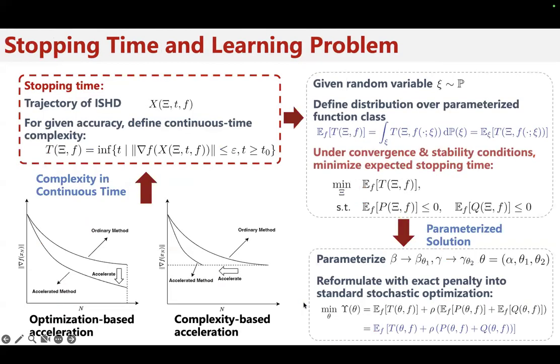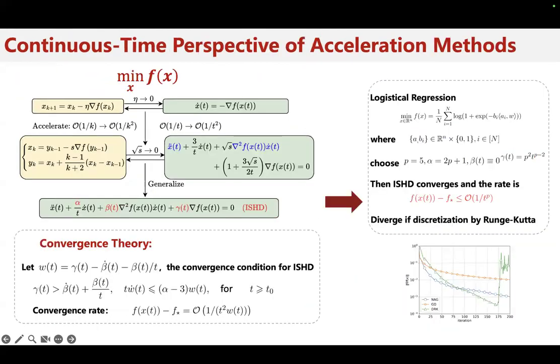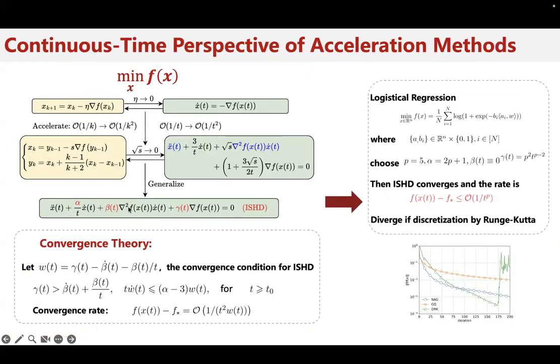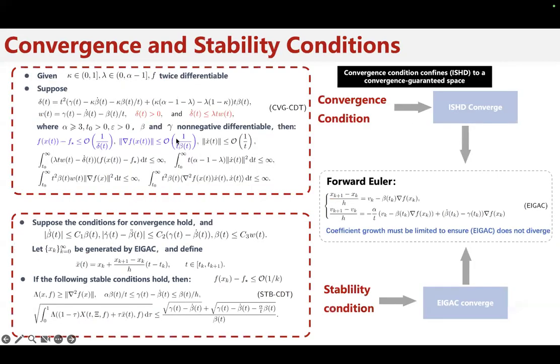So let me go into the detail a little bit. I've already mentioned this kind of second order type ODE. Suppose those conditions are satisfied, then the function value at xt minus the optimal function value at x star is of order 1 over t squared.